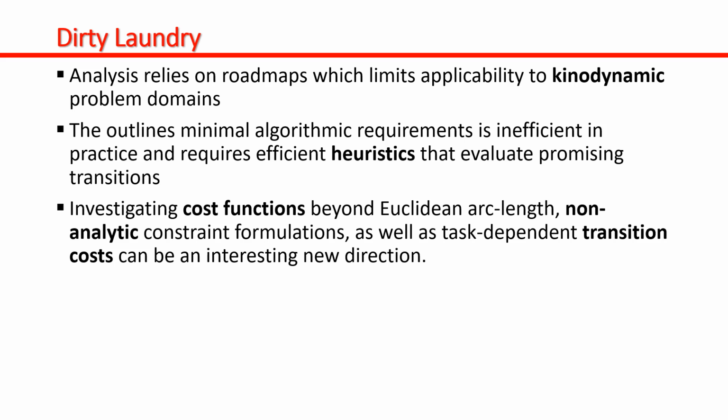We also admit that the algorithmic outline that we have described is kind of bare bones and will not have any efficiency guarantees because the space of possible transitions and orbits can grow intractably large. So we need efficient heuristics to guide such a search in practice. We also need to explore more interesting cost functions and other non-analytic constraints that can describe orbits and potentially encode more complex transition costs between orbits that can express more interesting task interactions.